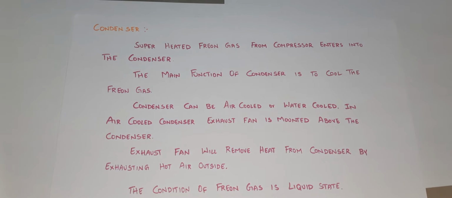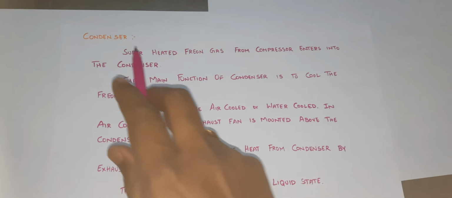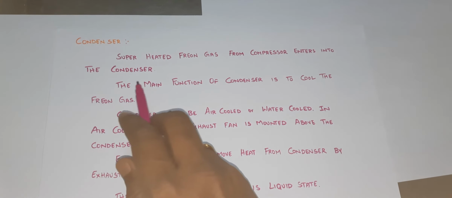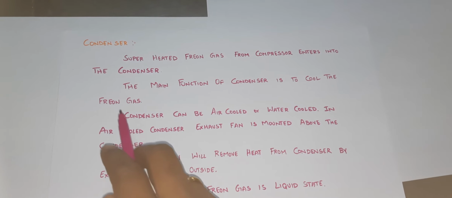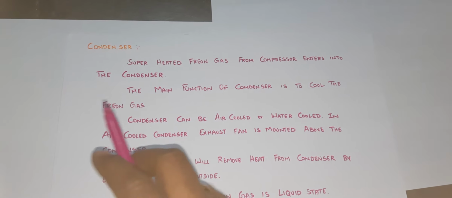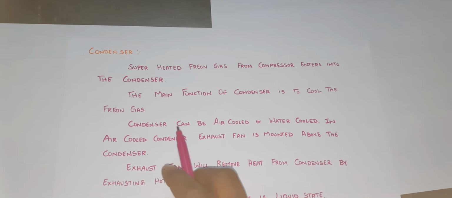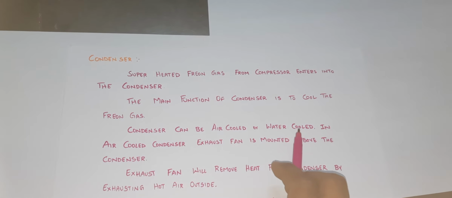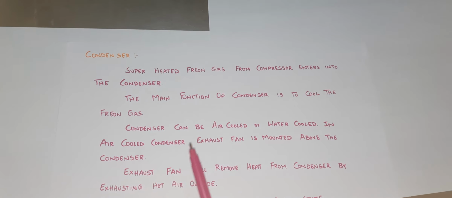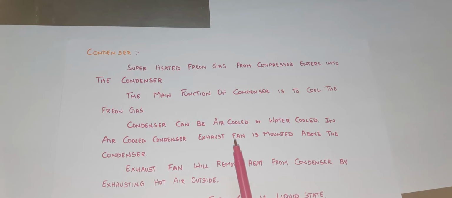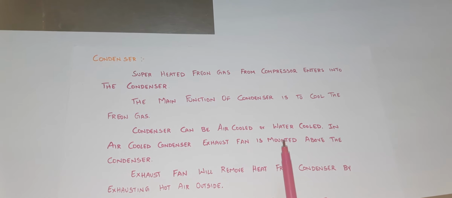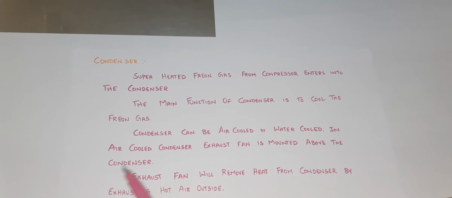Next we move to the condenser. The superheated freon gas from the compressor enters into the condenser. Right? The main function of the condenser is to cool the freon gas. A condenser can generally be air cooled or water cooled. In an air cooled condenser, an exhaust fan is mounted above the condenser.